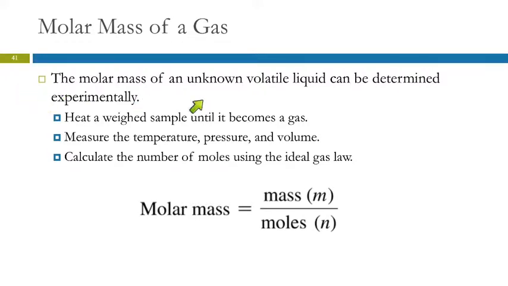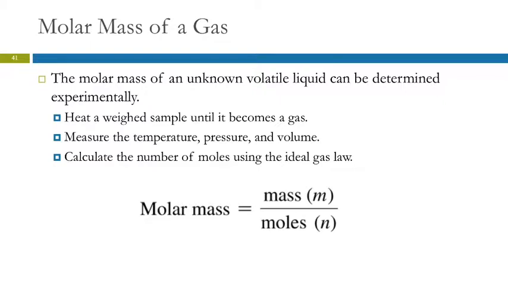So we can take an unknown volatile liquid and we can determine its molar mass by heating the sample until it becomes a gas. What we did is we weighed it afterwards because we heated the sample and we allowed the excess gas to escape from the container.